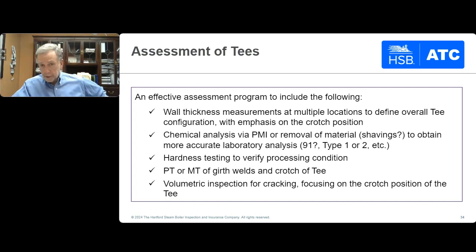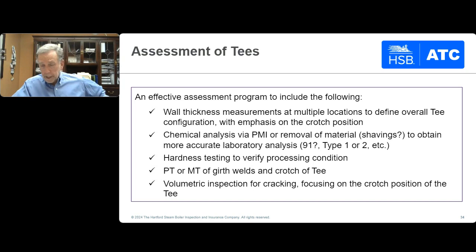Chemical analysis: although chemistry was not the primary problem in the T's we looked at, if you have a specified material and the component has not been made of that material, then that obviously introduces other potential influences on the serviceability of the T that will have to come into play when you're trying to rank the T and determine the risk of premature failure.